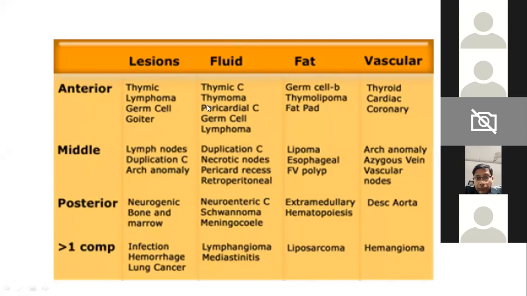If it is a mixed fluid and solid component, think of thymoma and germ cell tumors in the anterior mediastinum, necrotic lymph nodes in the middle mediastinum, and again nerve sheath tumor in the posterior mediastinum. And fat: these are the examples we should know of, lesions which contain fat. And vascular anomalies, right? Vascular abnormalities in each of the mediastinal compartments are depicted here.